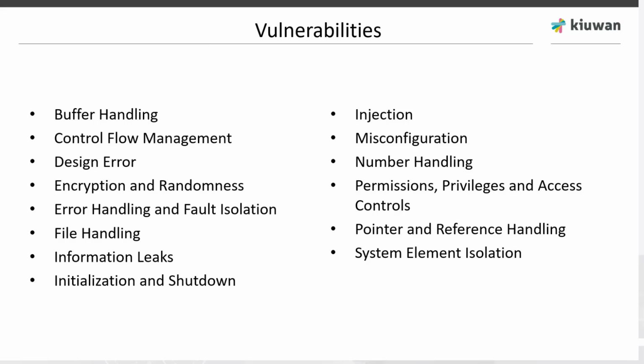And the vulnerabilities we are looking for, generally speaking, are these. These are the formal names, but you know them as SQL injection or sanitization or deserialization or that type of thing.